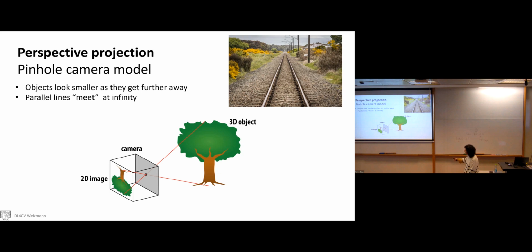By that, the light rays are projected into the box, and that's what we get. The characteristic of a perspective projection is that objects that are far look smaller. And parallel lines are going to meet at infinity. Parallel lines are not going to be parallel in the image.